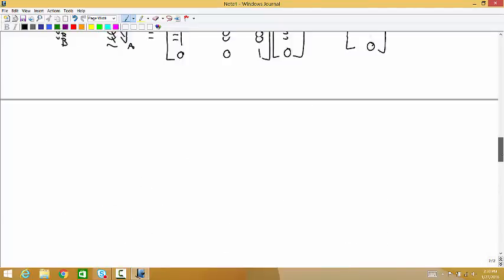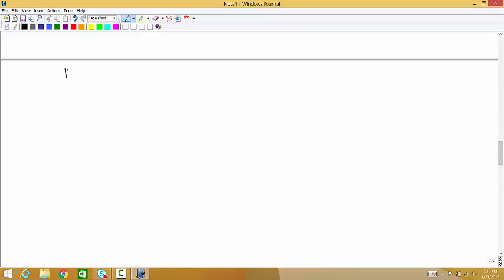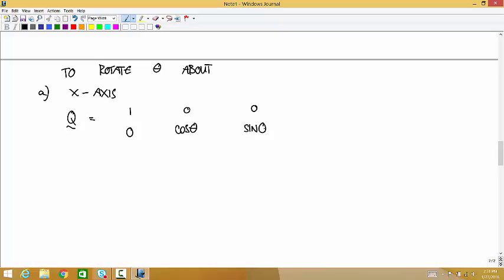Usually we can just use, if we want to do rotations of theta about the x-axis, the rotation matrix is 1, 0, 0, 0, cosine theta, sine theta, 0, negative sine theta, cosine theta.